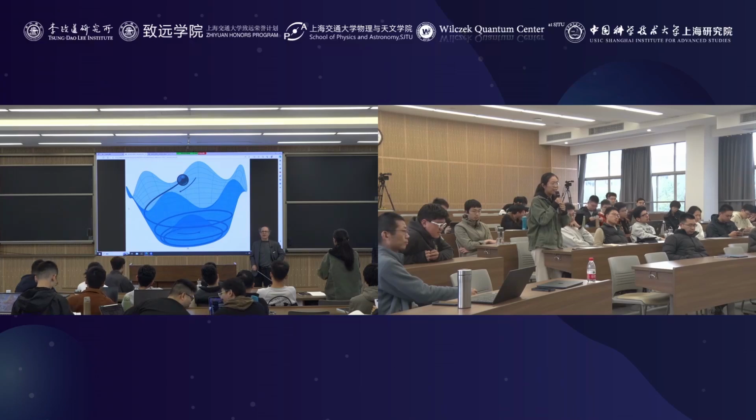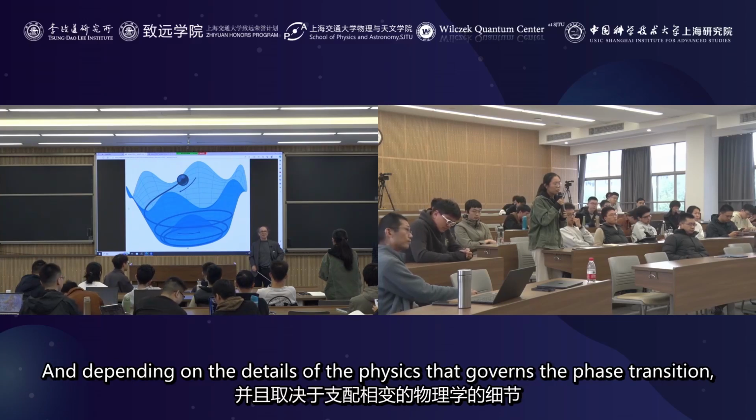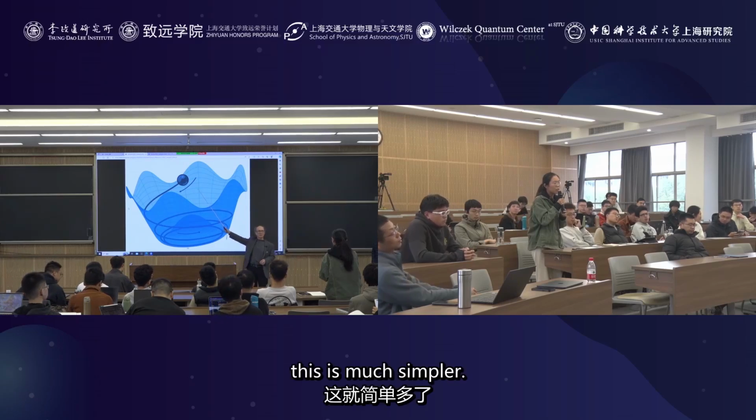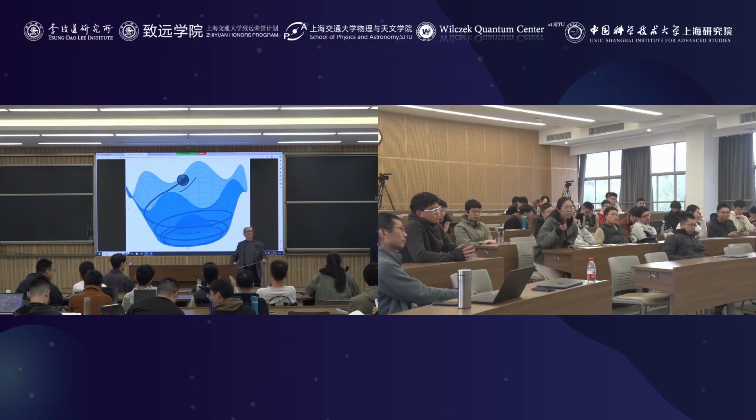So yeah, the description of the dynamics of phase transitions can be quite complicated, depending on the details of the physics that governs the phase transition. This is much simpler. Okay. Yeah. Thank you.